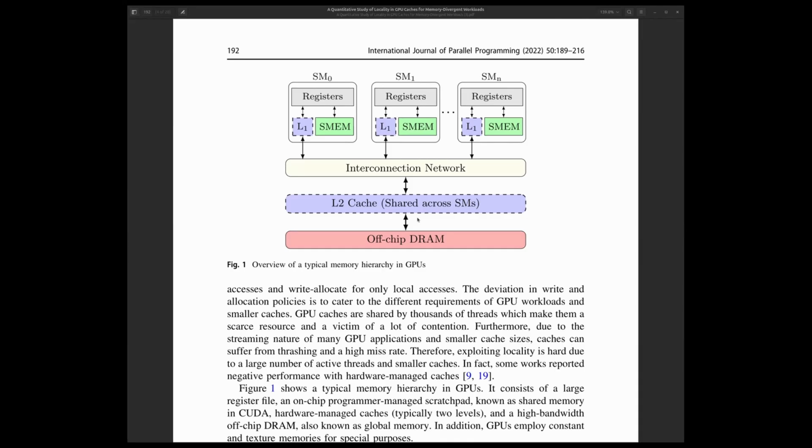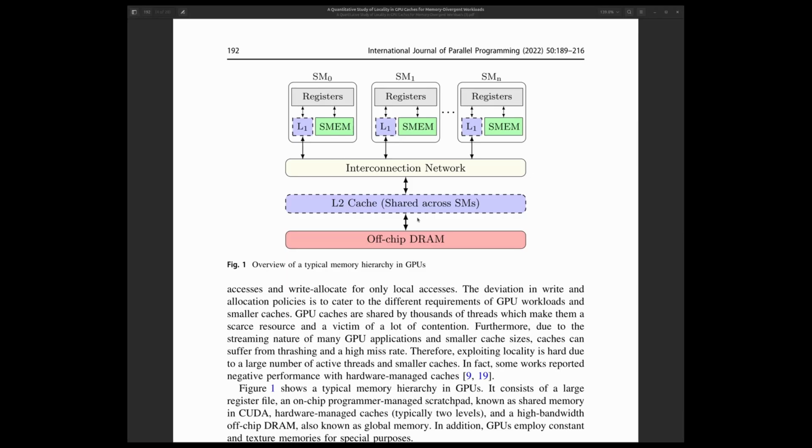Other than that, the fundamental unit of execution for GPUs is warps, while for CPUs it is threads. A warp is essentially a collection of 32 threads that are running the same instruction in parallel.